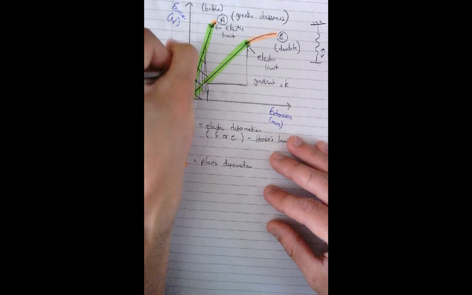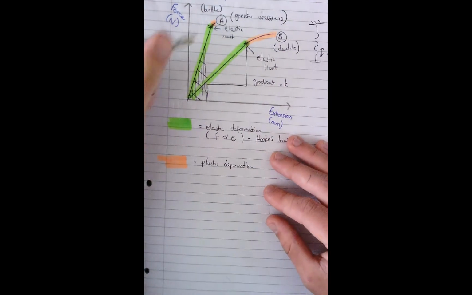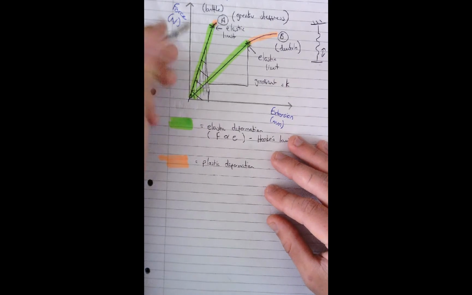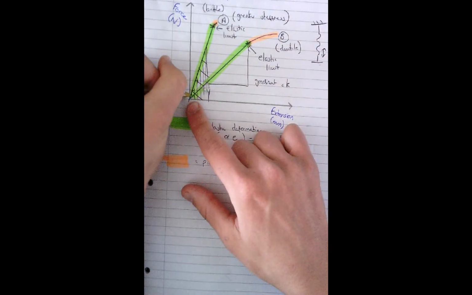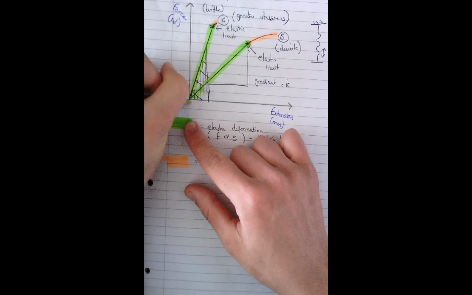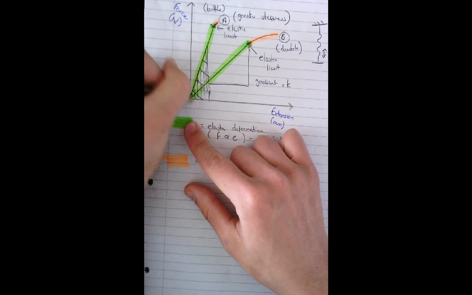That's what integration does for you. To work out the area of each of these rectangles, we'd be doing a force times an extension at each point.